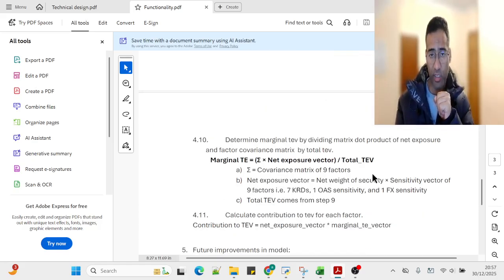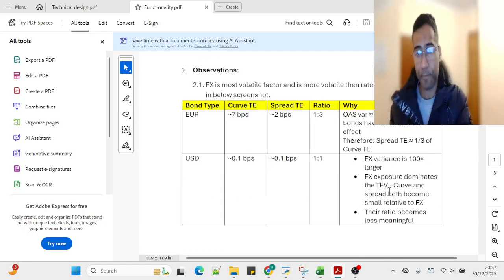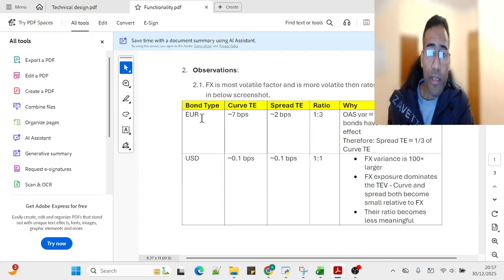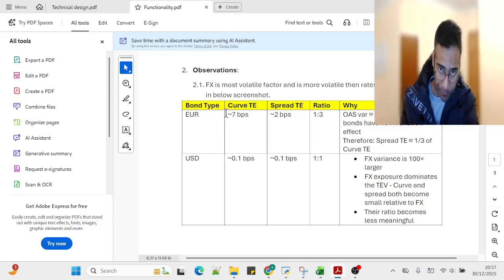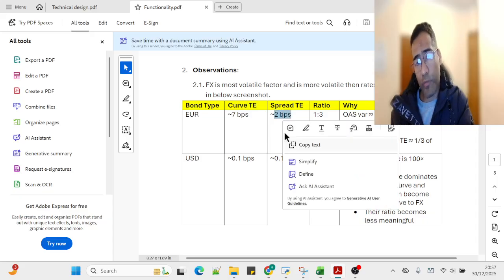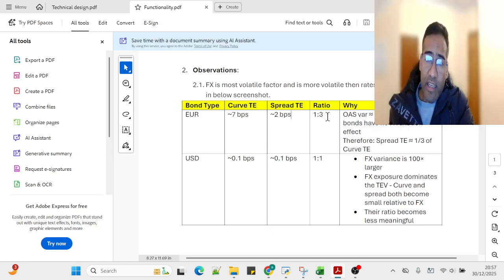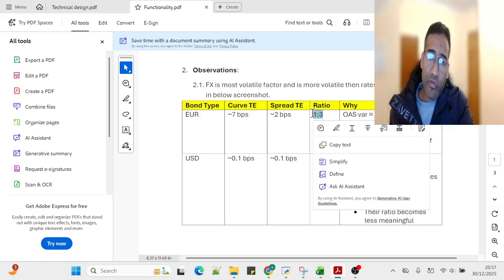So this is the formula that I just showed you. These are my observations. For euro positions, the curve tracking error was around 7 bps, and for spread, the tracking error was around 2 bps. There is a reason: the ratio is like 1:3. Why?